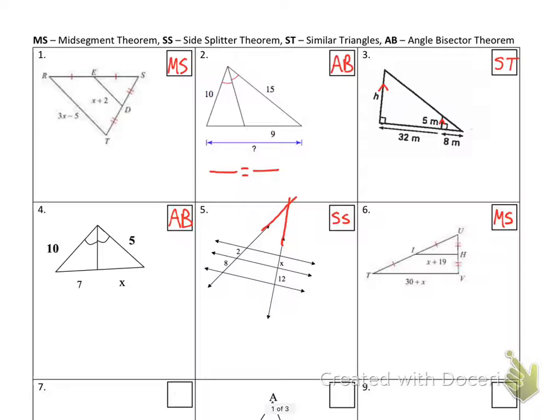Tell me what this might look like. Well, we're looking at number 2.